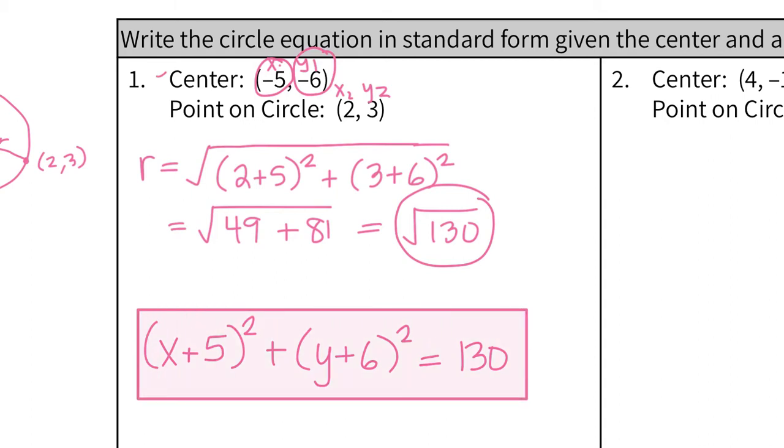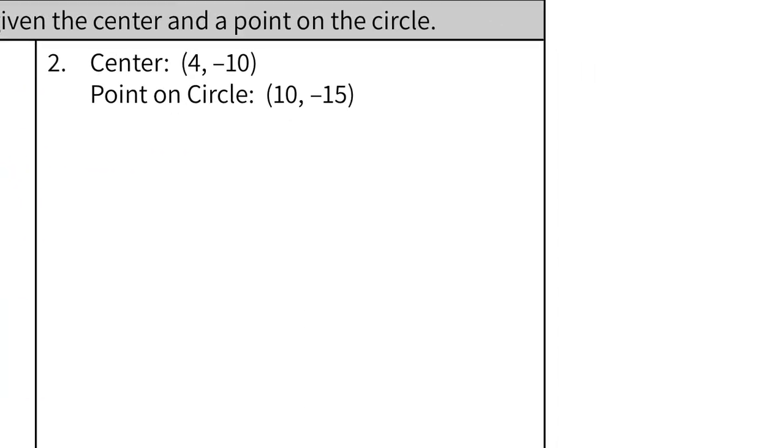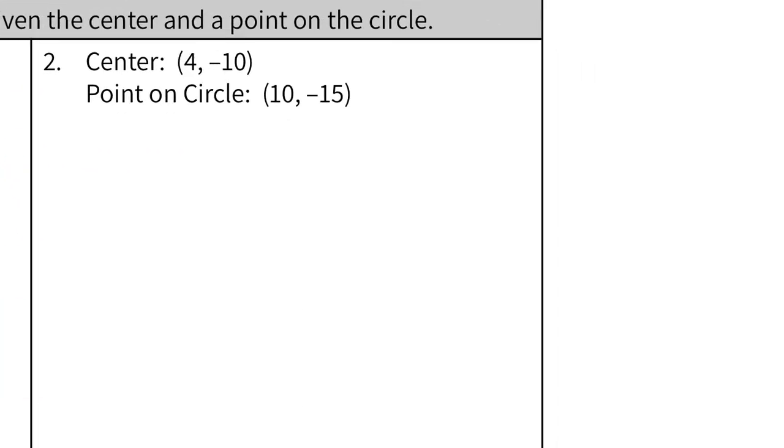Okay, let's do one more like that. This circle has a center at (4, -10), and the other point on the circle is at (10, -15). So let's start off by finding our radius, which is the distance between those two points.